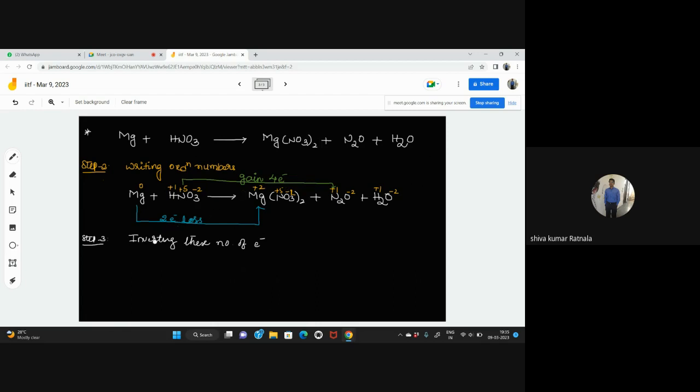To equalize, what are we going to do? We multiply, so 2 Mg becomes 4 Mg.